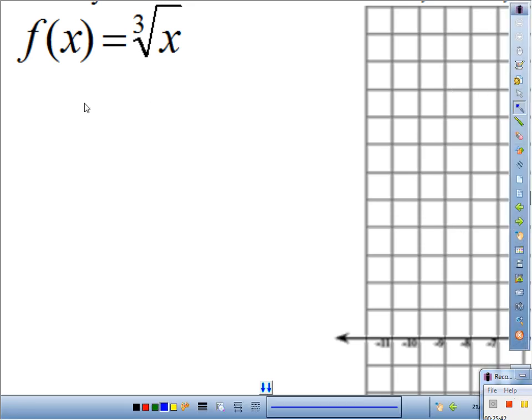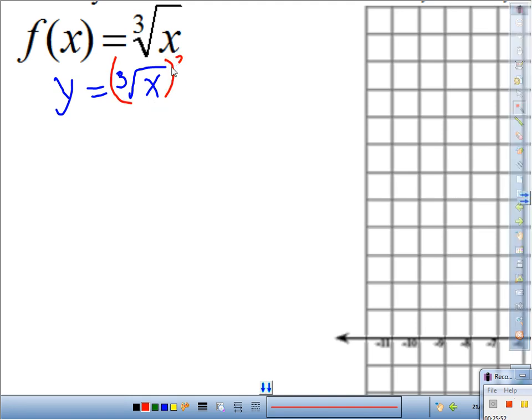All right, let's see. First thing, you change it to y equals cube root of x. I use blue for that. From there, what cancels a cube root? Cube it. I end up with y cubed equals x, because the cube root cancels the cube. What's the next step?